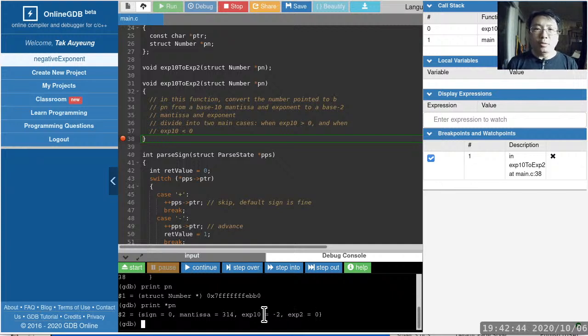That is how we can represent everything just using integers, okay? EXP2 is by default a 0 because that's the whole purpose, right? We want to tweak the mantissa and EXP2 to get rid of EXP10. That is the whole purpose of this entire program. All right. So this is how we set it up. This is how we run it, okay?